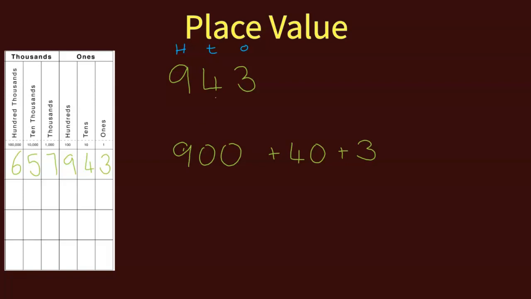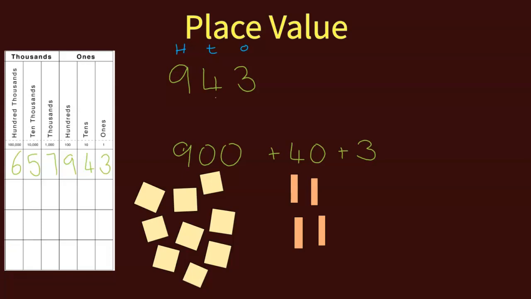Now we're going to go to a picture form. A picture form can look essentially any way you want it to look. Okay, so what I've done here, as you can see, I am representing my hundreds as squares.